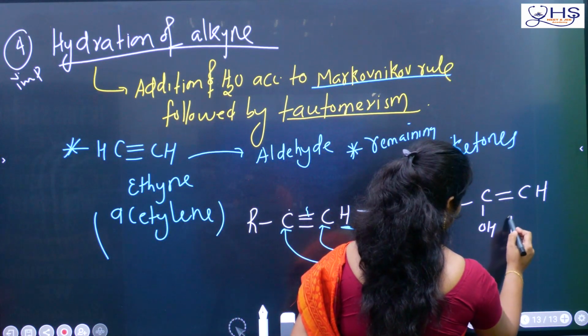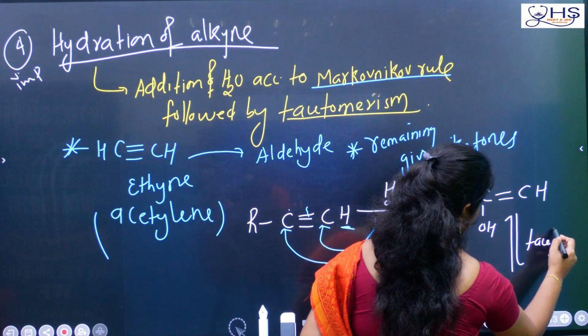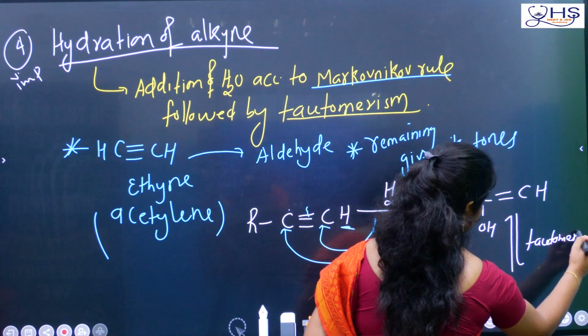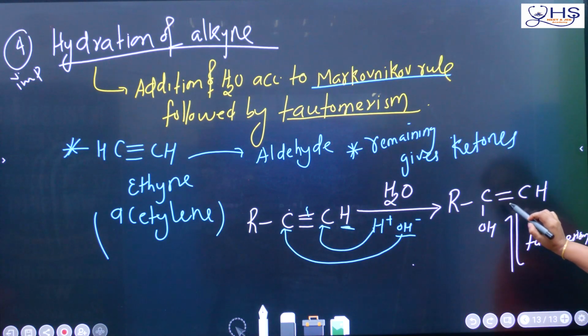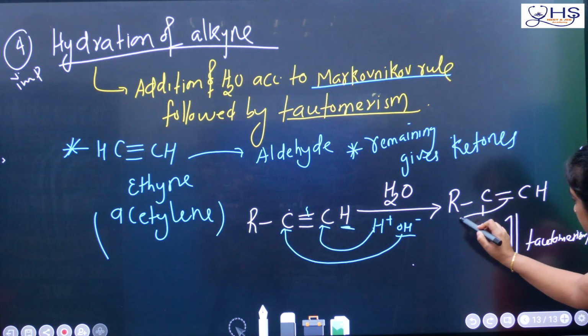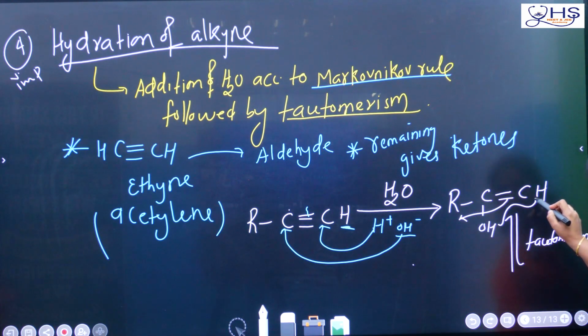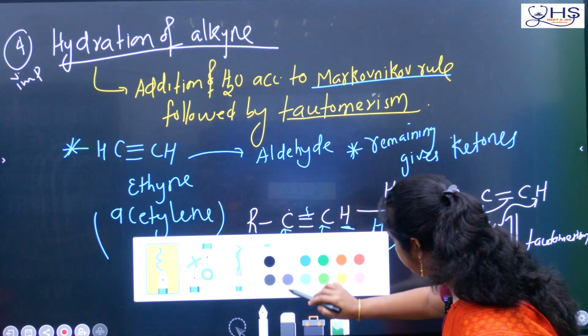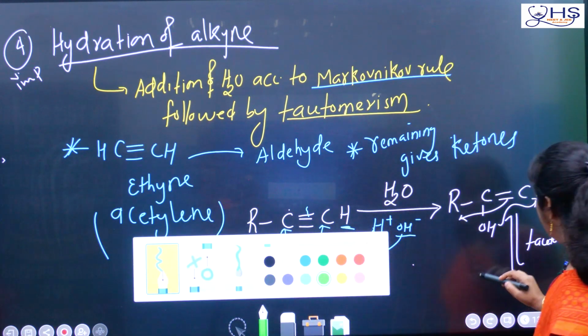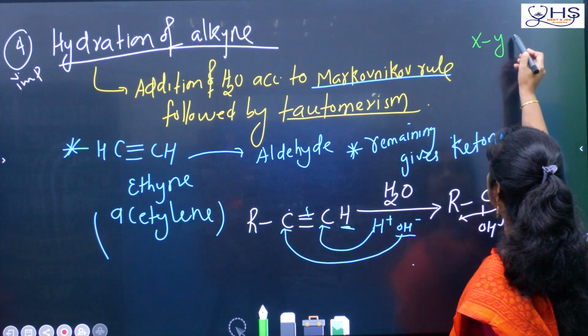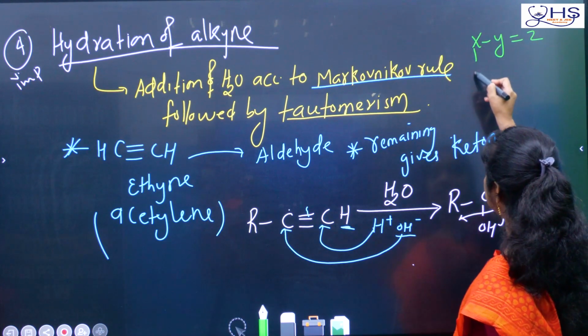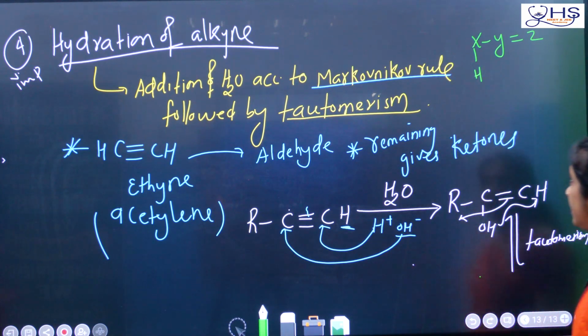Now we are going to do tautomerism. What is tautomerism? It is actually 11th class, but you can learn it here also. No problem. Simply, the double bond between these two I am shifting to here, and this hydrogen I am giving to this. Remember, it is like this: I have a system X, Y, double bond Z, and X has hydrogen.